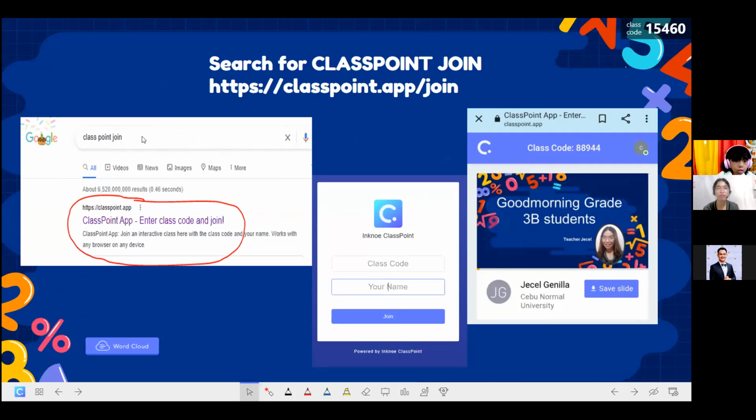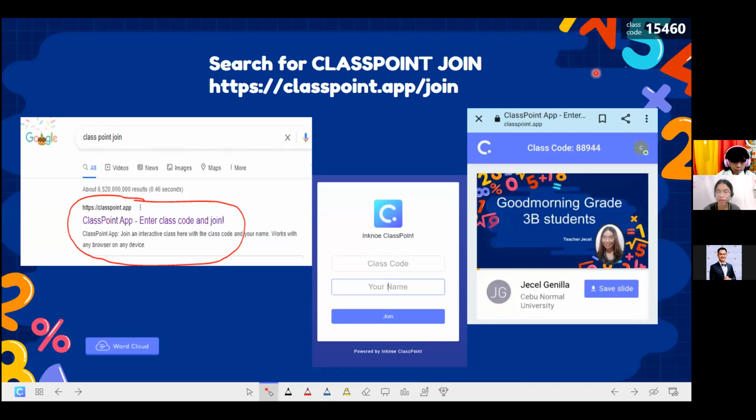You can use your phone or your laptop or your computer for that. Teacher, what is the code? Okay, the code is 15460. Can you see the number here in the upper right?